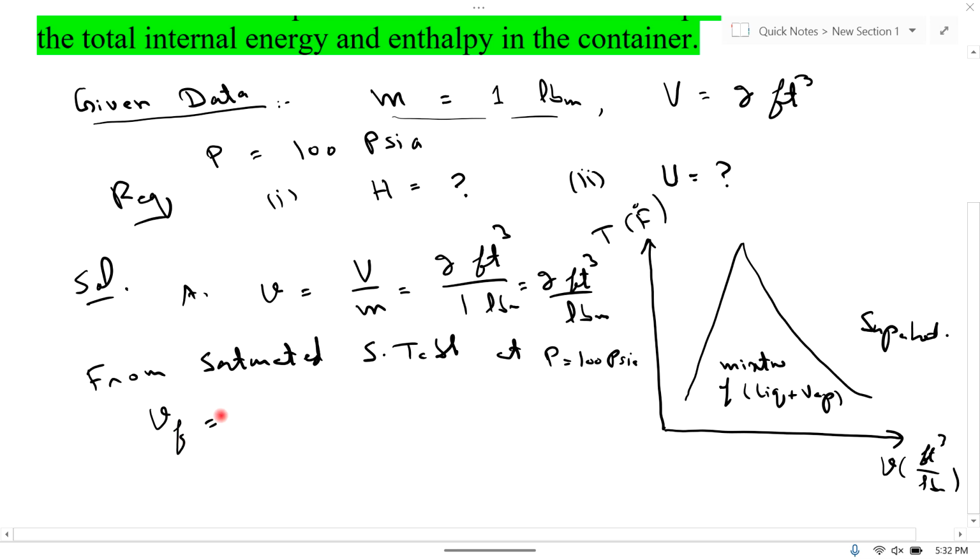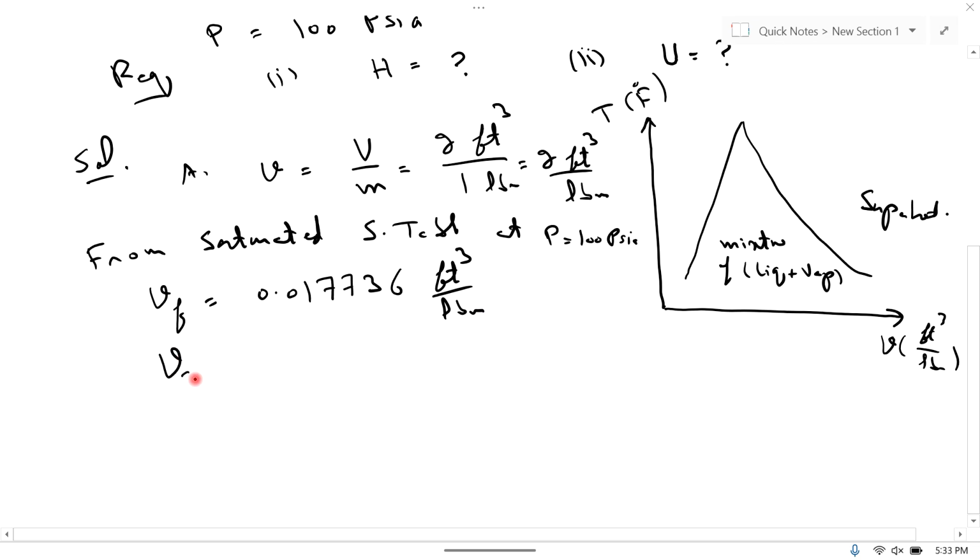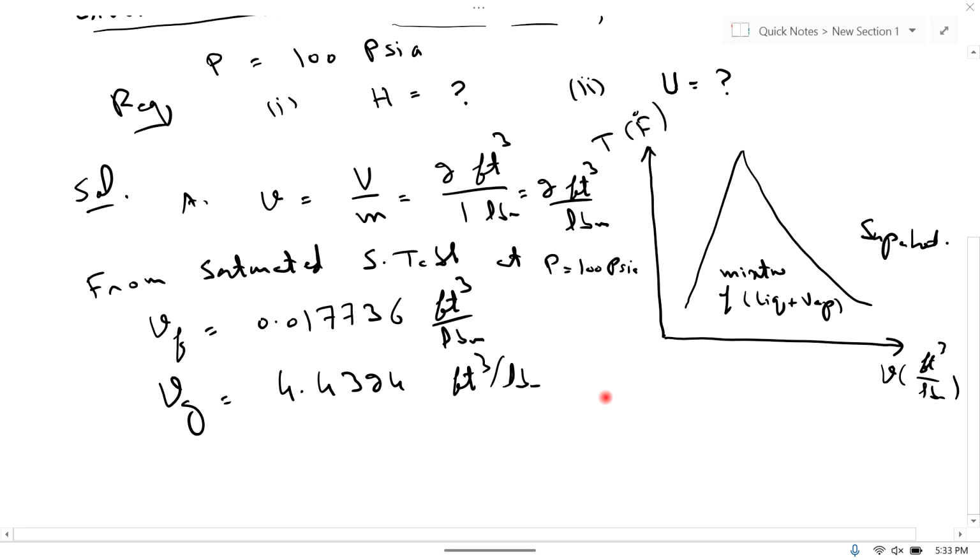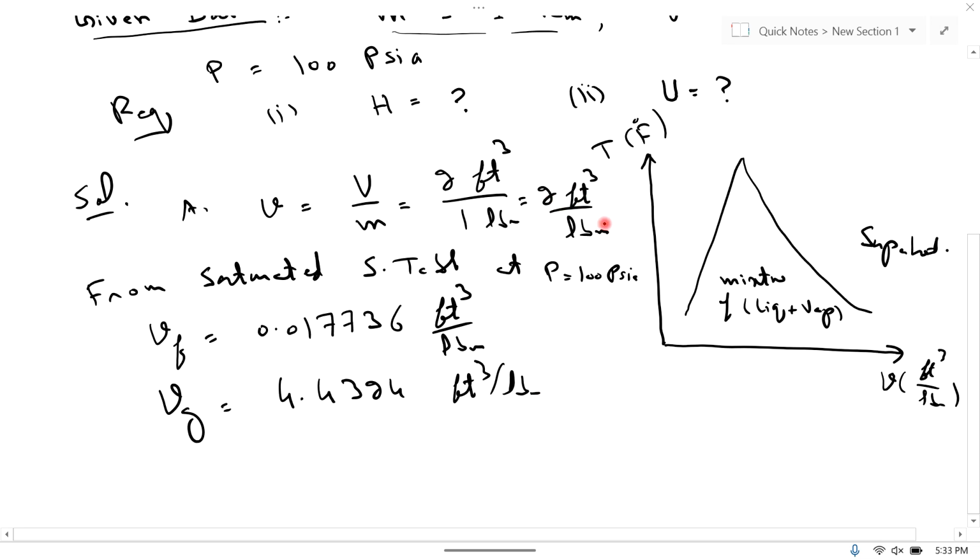Vf is equal to 0.017736 cubic feet per pound mass, and Vg is equal to 4.4324 cubic feet per pound mass. The specific volume given to us is 2 cubic feet per pound mass.